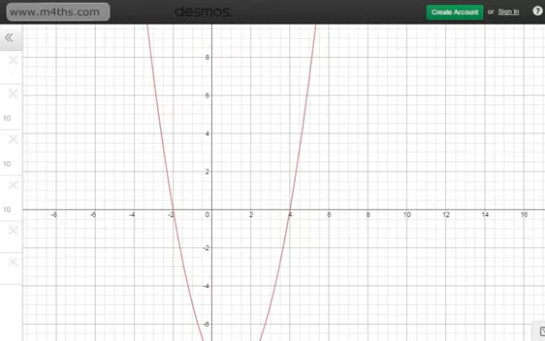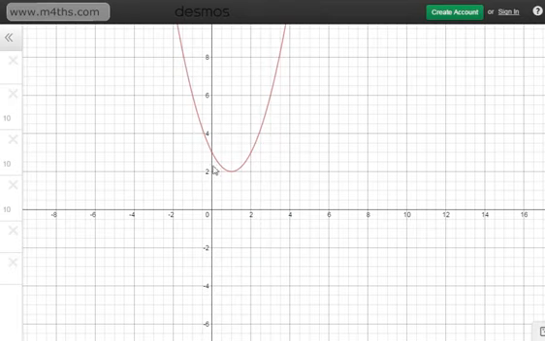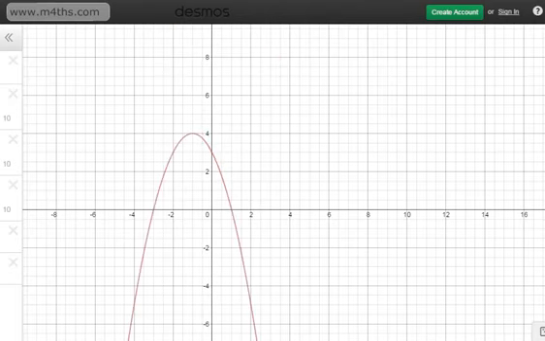If we look at another example, let's go ahead and draw this one. This has no real solutions for x as it doesn't cross the x-axis. We'll consider examples of that shortly, but that now is a positive quadratic with no real solutions. If I wanted to draw a negative quadratic, that's what we have.